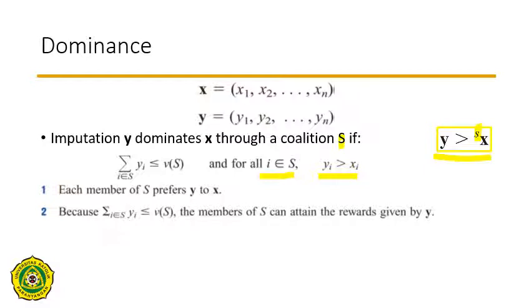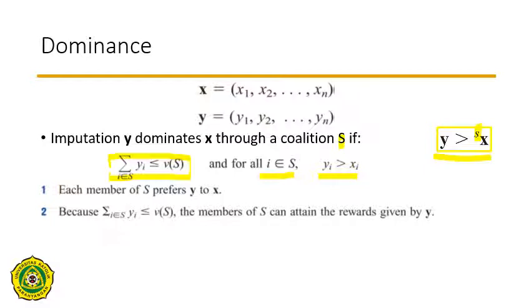Now this inequality here says that the sum of the rewards for the players in the coalition, so the sum of yi, i an element of S, must be less than or equal to v(S), which means that the reward given by y is reasonable.